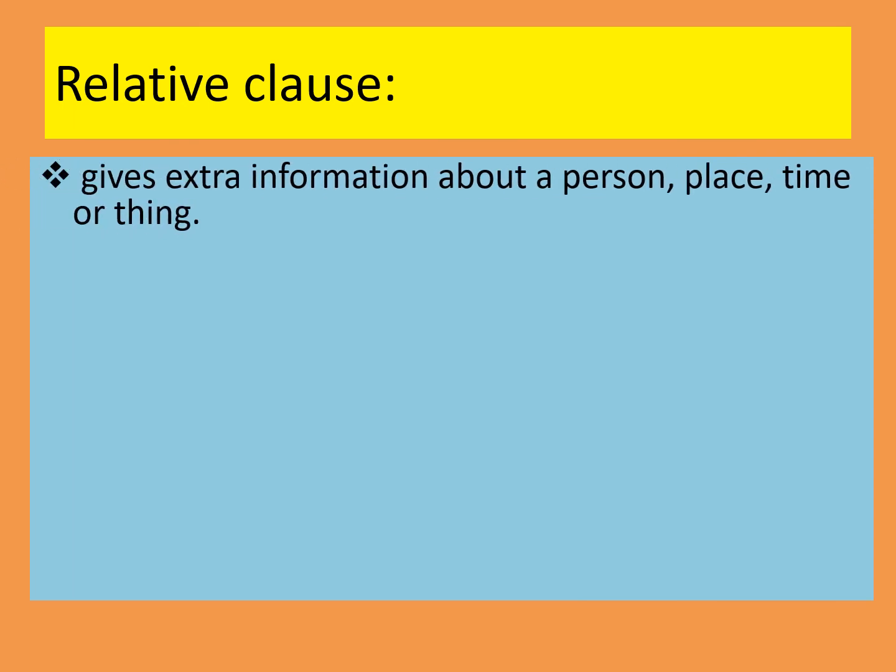A relative clause gives extra information about a person, place, time, or thing. So we have seen in the previous examples, in each and every example, the relative clause gave extra information about a person or about a place or about a thing.